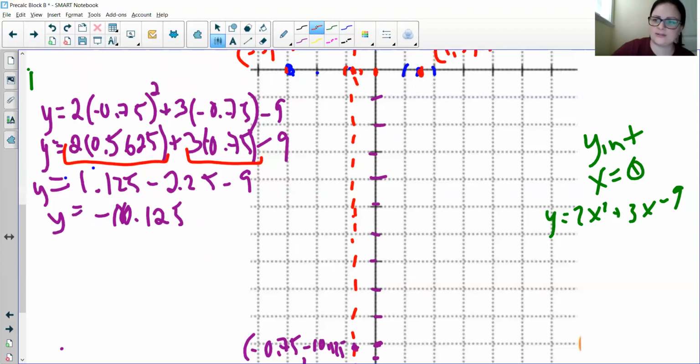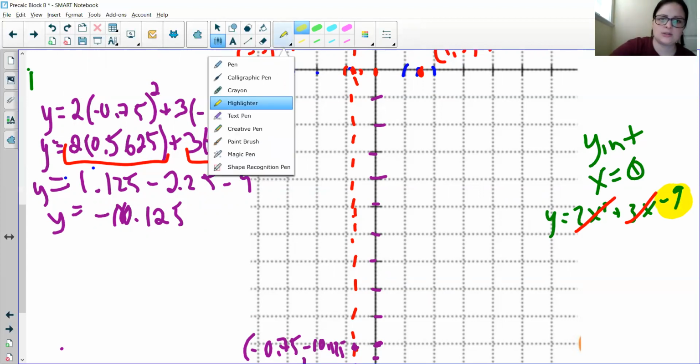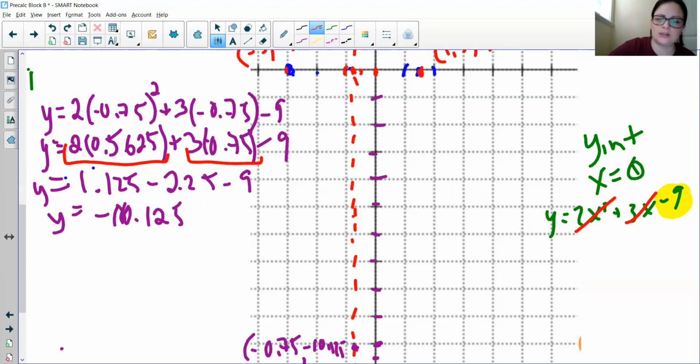If x is 0, that takes out the first term, and it also takes out the second term, which means our y-intercept is negative 9. So you can also include that at negative 9. So 1, 2, 3, 4, 5, 6, 7, 8, 9. Right here is our y-intercept. That happens when x is 0 and y is negative 9.